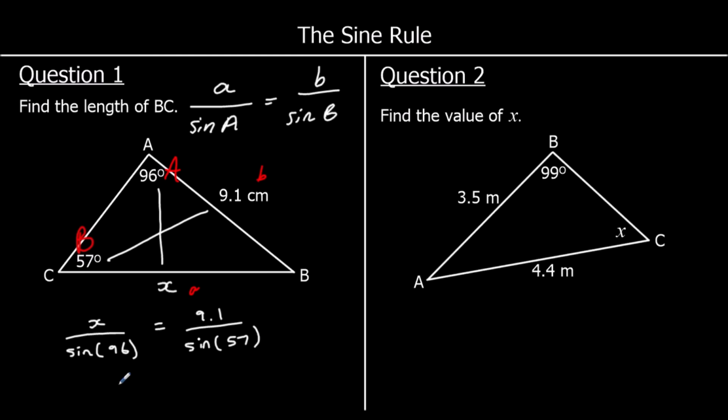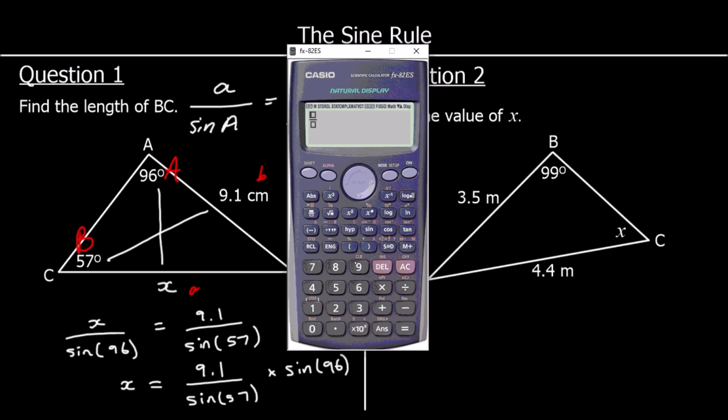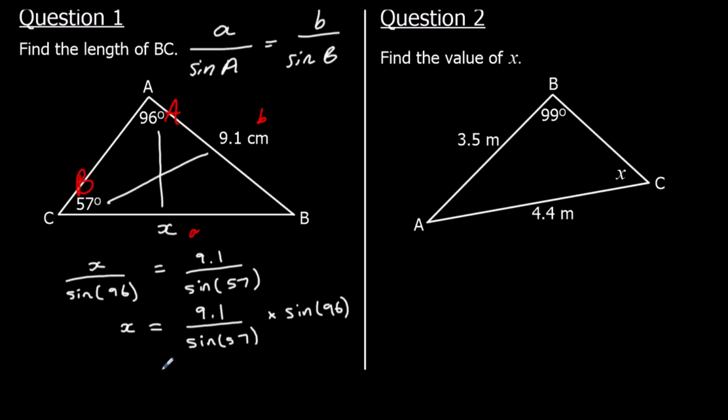And to get x by itself, we're going to multiply both sides by sine 96. And then we're going to type it into the calculator. So we've got 9.1 over sine 57 times sine 96. Type it into the calculator and we get 10.79 to 2 decimal places. So x is 10.79 centimeters to 2 decimal places.